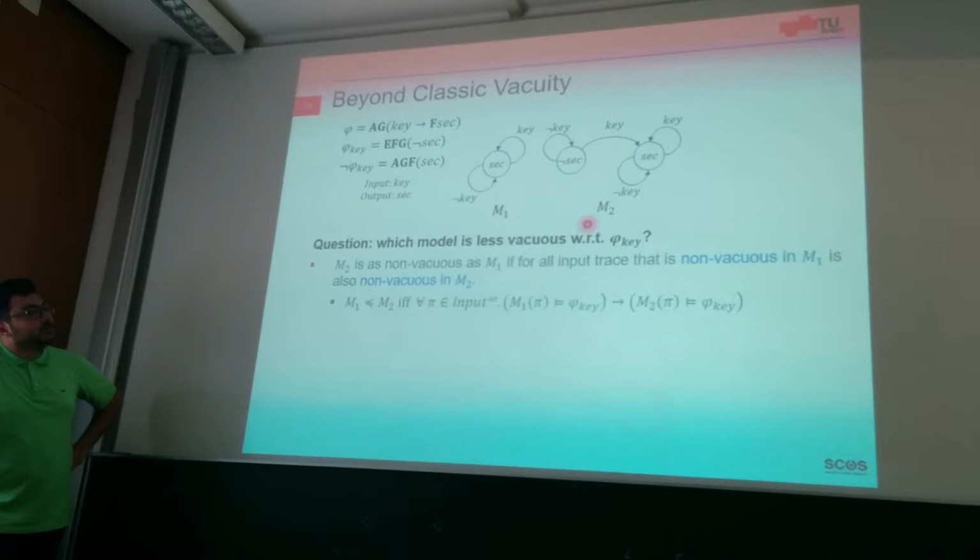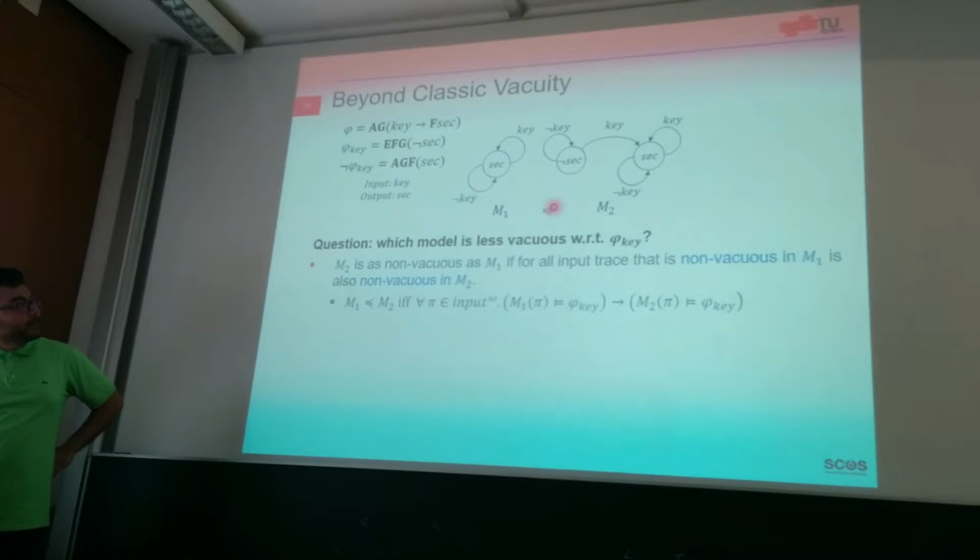So we would say M2 is as non-vacuous as M1 if all input traces of M1 that are non-vacuous, all pi of M1 that satisfy this witness formula, are also included in M2. That makes M2 no worse than M1, or as non-vacuous as M1.